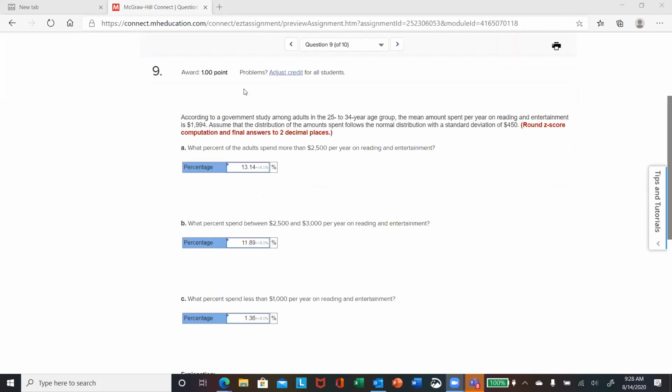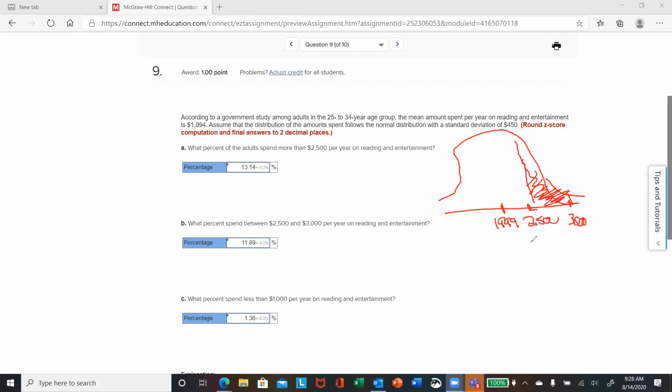Second one, they want you to go between 2,500 and 3,000. So again, I'll map out my picture here. Remember the mean is 1994, so we've got two positive z-values. You've got 2,500 and you've got 3,000. They want you to find the area between these two data points.